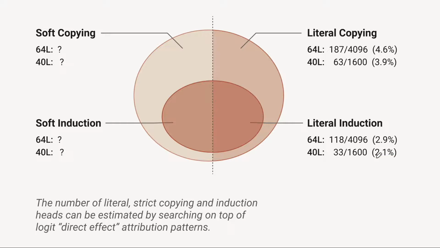And of course, for these ones, there's probably quite a large number of soft variations. I think we see maybe more of the soft ones than we do the literal ones. So that suggests that actually a pretty substantial fraction of attention heads are doing sort of copying and induction-like behavior, and that's pretty cool.